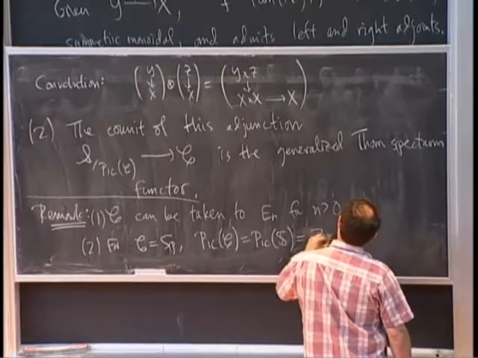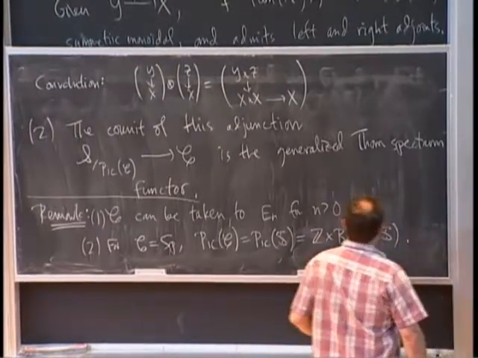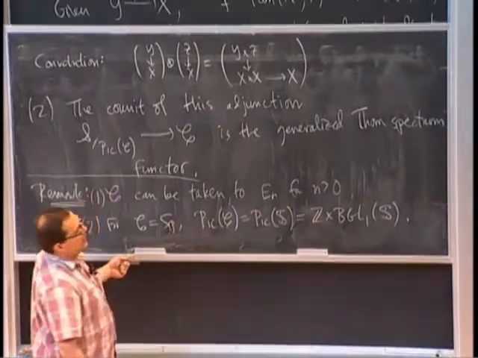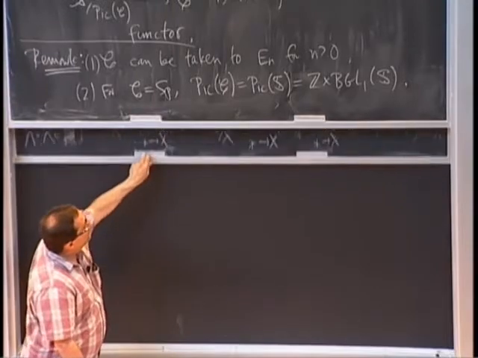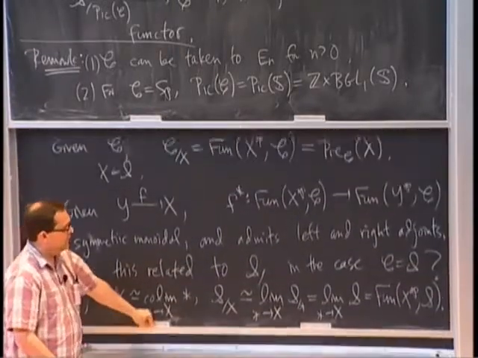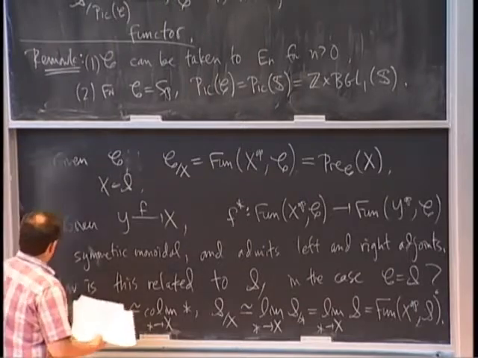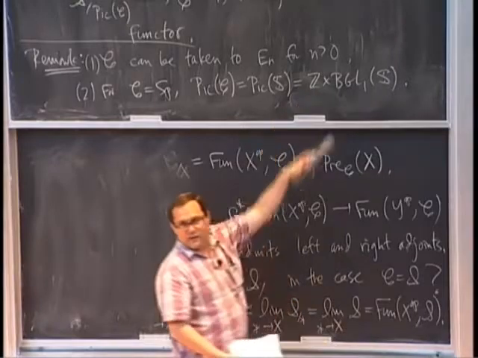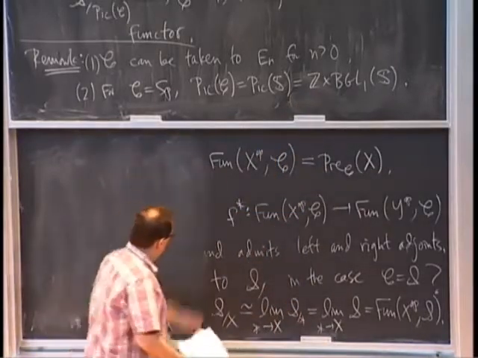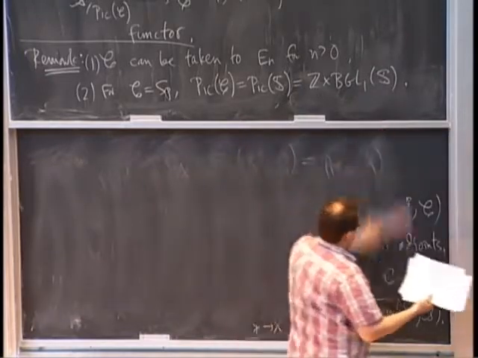And that's Z cross BGL1 of the sphere. And then the classical Thom spectrum, well, it ignores the Z part, usually, and just looks at the part sitting in degree 0.